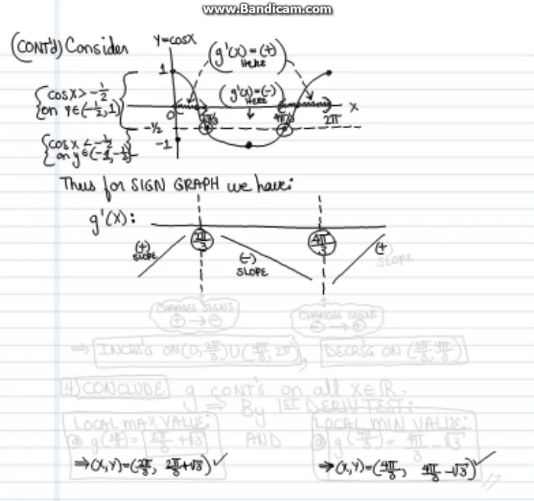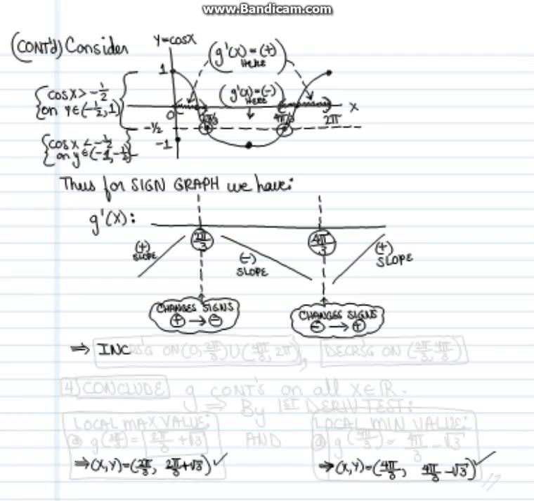And to the right of 4 pi over 3, our slope is positive again, so our tangent's leaning to the right. Okay, so that means we have a change in the signs of the derivative on the left and right of 2 pi over 3. It went from positive to negative. And we have a similar thing happening at 4 pi over 3 where we went from negative slope to positive slope. And you can just look at the picture and see what that indicates.